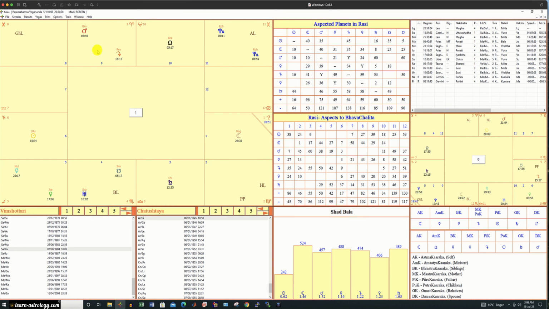Then he was a teacher, okay, and he was a yoga teacher. Normally, for that, we need a connection of Jupiter and Mars, okay. In this case, particularly, we need that connection to the ascendant and the ruler of the ascendant and also the Atma Karaka. For him, it does happen here.